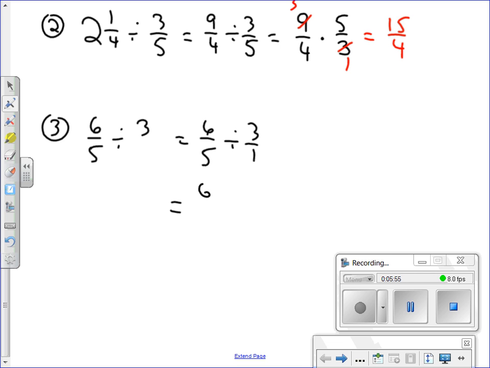And then we're going to change the division to multiplication, flip that 3 over 1 into a 1 over 3. If you notice that you can reduce, go ahead and do it. If you don't notice it, you just need to make sure you reduce in the end, and you have the answer 2/5. And that's a quick review of how to multiply and divide fractions.